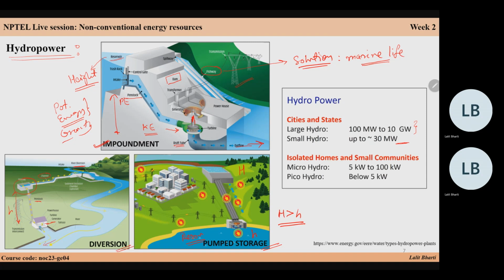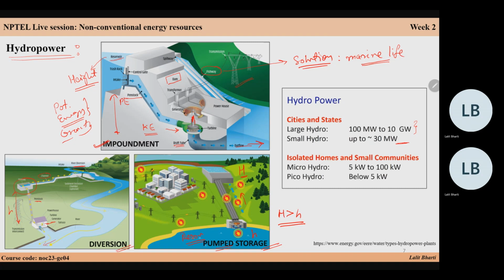So then, when we have additional or extra power, we can use this electricity to pump the water to a certain height, the height H. The water will first be lifted by motors or pumps.